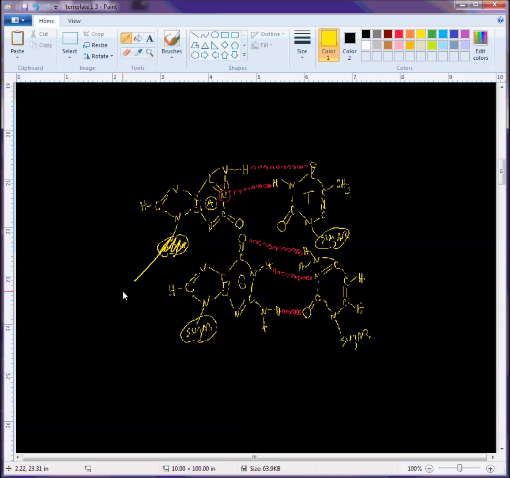So this will be the 1' carbon of the sugar, oxygen, carbon, carbon, carbon here. Here's the 5' carbon, and this will be attached to an oxygen, which is attached to a phosphate, which is attached to another oxygen, oxygen, oxygen.